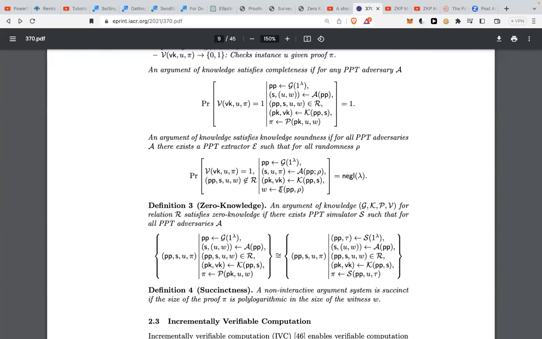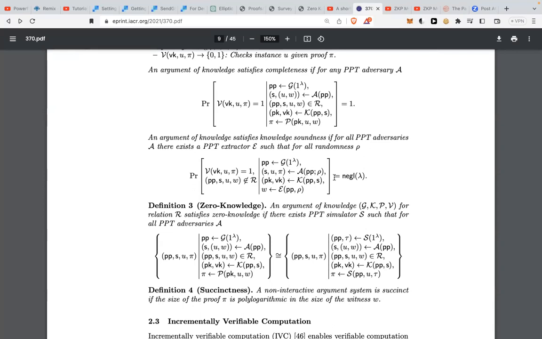Sorry, can you repeat? Yeah. I'm trying to rephrase this statement. If we have some extractor which can extract this witness, then the probability that the malicious prover convinces the verifier will be very small. It will be negligible.